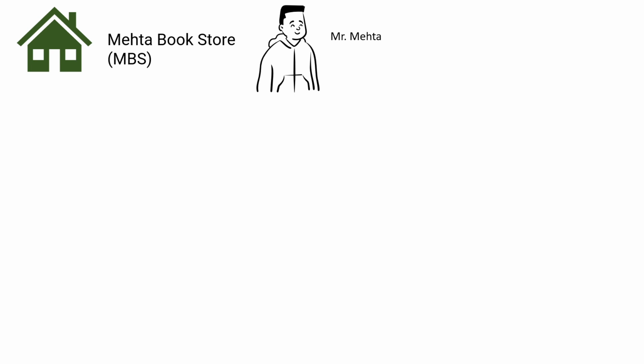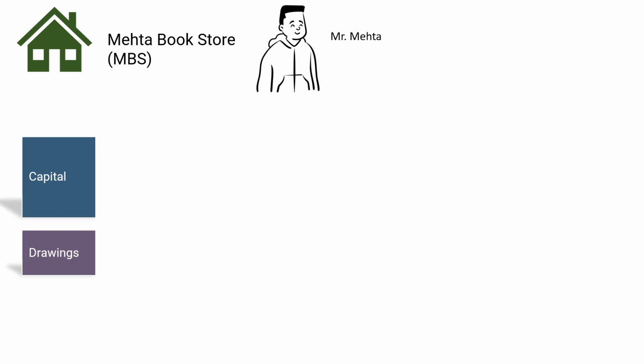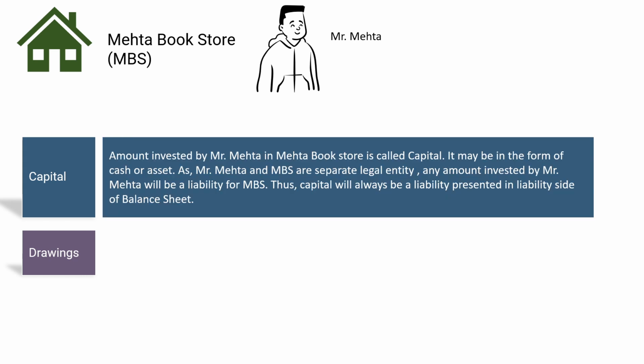Now coming to the next one, which is capital and drawings. Any amount invested by Mr. Mehta in the Mehta bookstore is called capital. Because Mr. Mehta and Mehta bookstore are separate legal persons, the capital is a liability, because Mehta bookstore has to return the money back to Mr. Mehta.